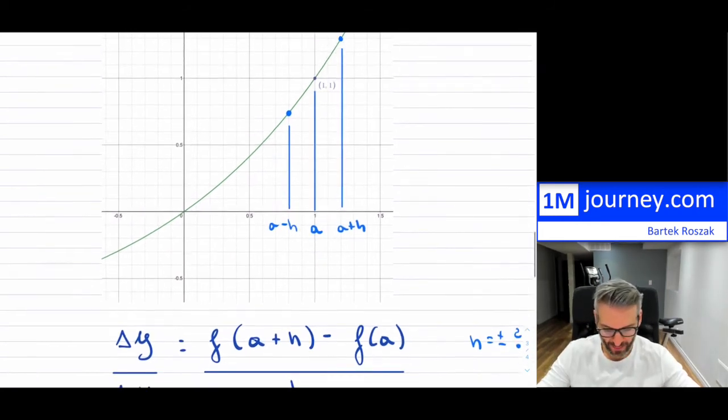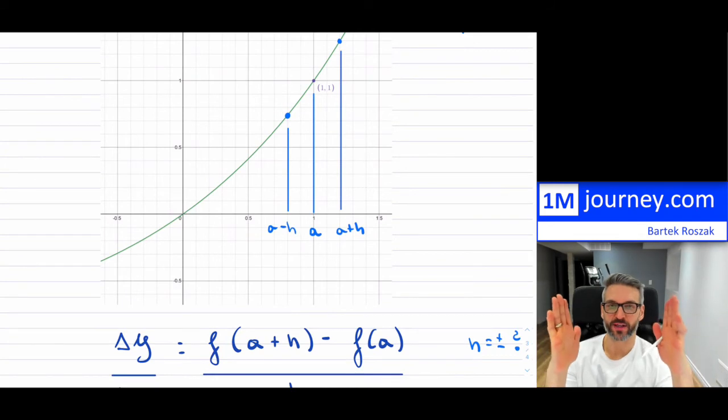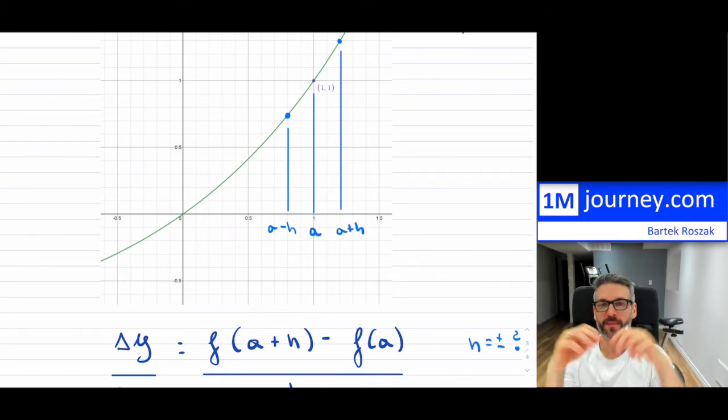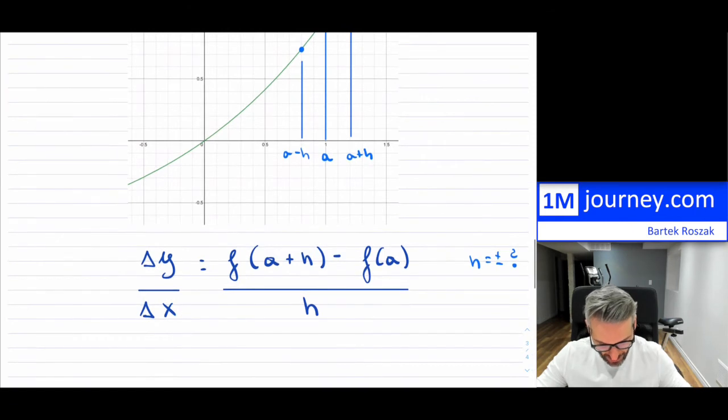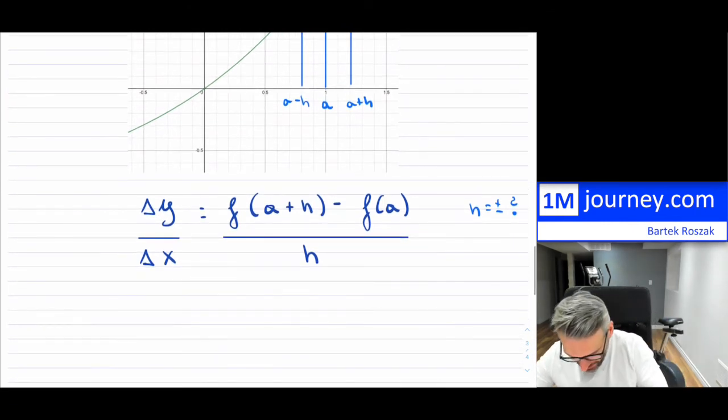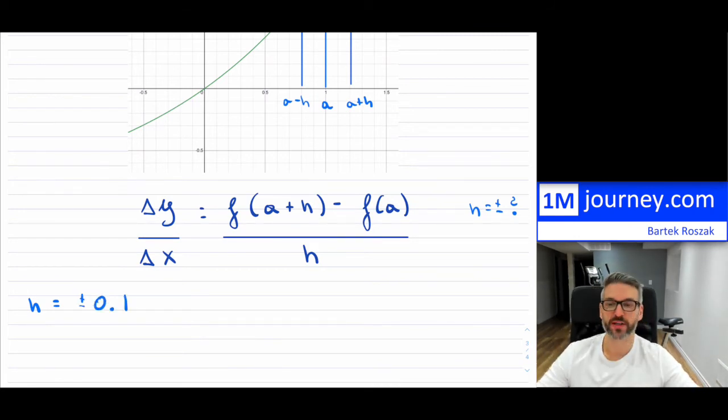And what we're going to be doing with that is trying to squeeze it in and approximate what that change might be. So let's take a look. Now we want to be able to find it out. So let's say h was equal to plus or minus 0.1. So it's going to be our first try.